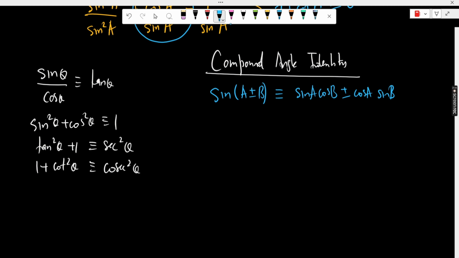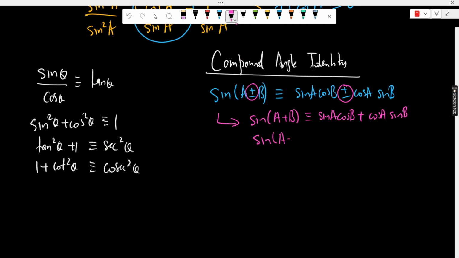So the plus is at the top over here, and the plus is at the top on the right-hand side, right? So what this basically means is that sine A plus B is equivalent to sine A cos B plus cos A sine B. And similarly, sine of A minus B is equivalent to sine A cos B minus cos A sine B, right?